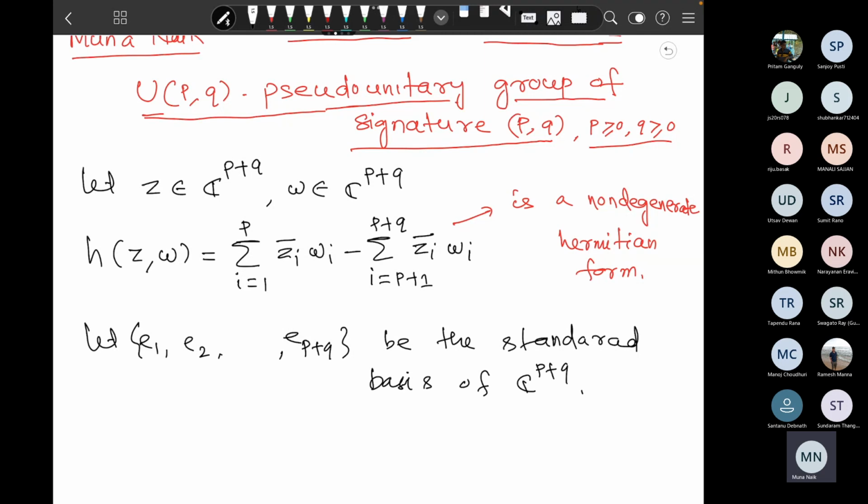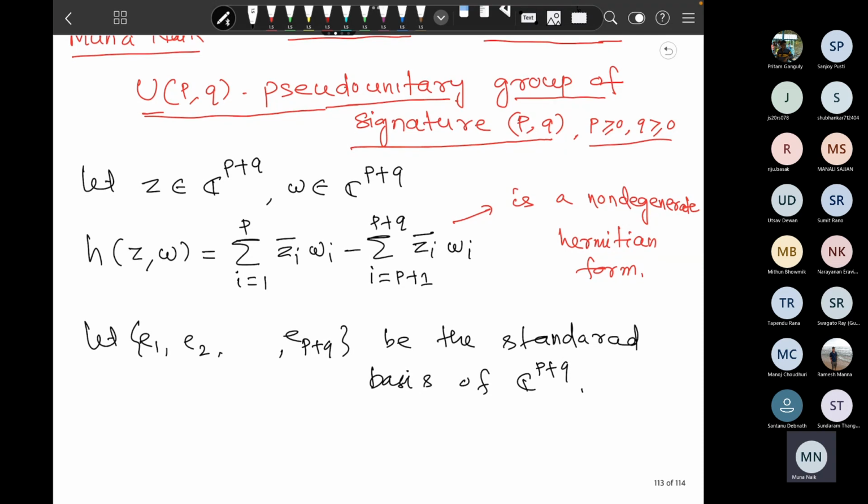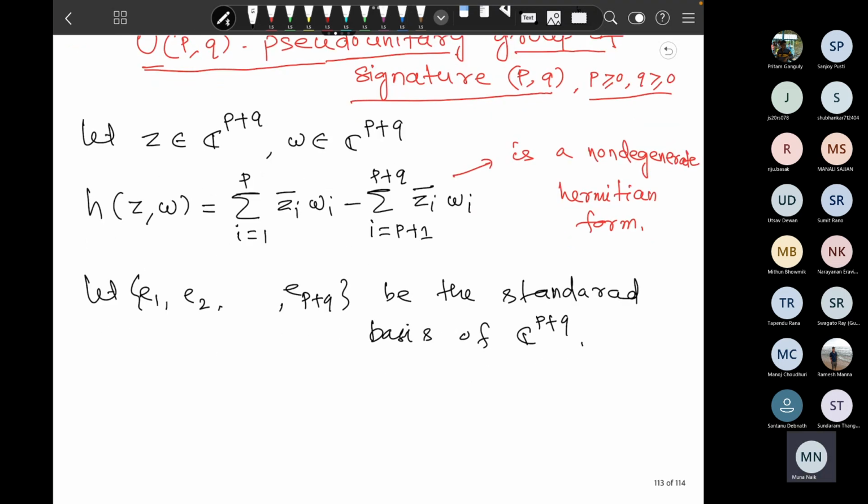Analogous to the theory of bilinear forms, we can associate a matrix to this Hermitian form, and we also form the automorphism group. Here the associated matrix is I(P, Q) with respect to the standard basis.